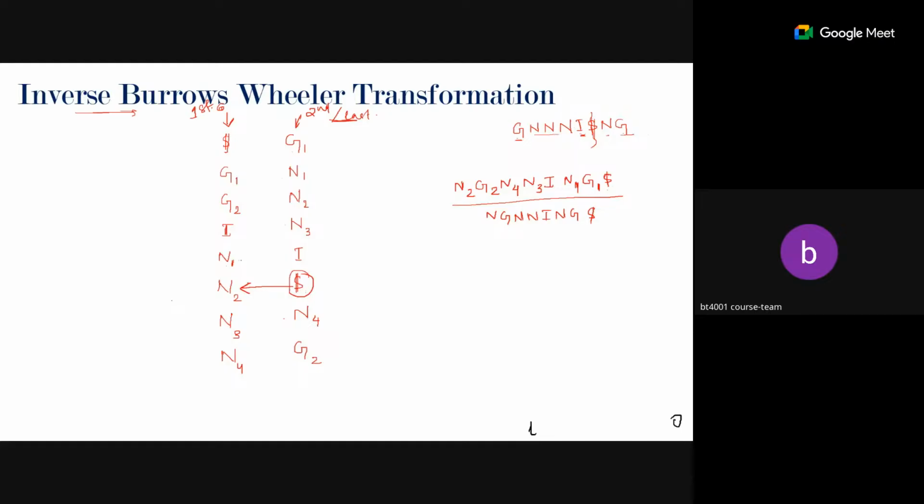So now dollar is pointing to N2. So we will write N2. Okay, N2 in the second column is pointing to G2. Okay, so here it will succeed. So N2 will be followed by G2. When we are starting from the second column, it will follow.